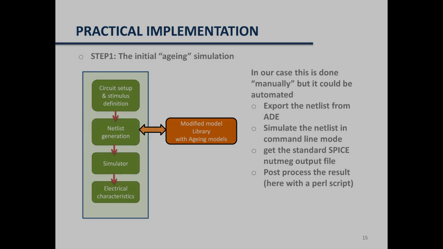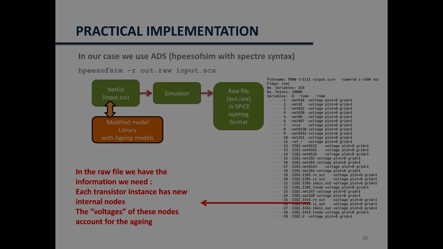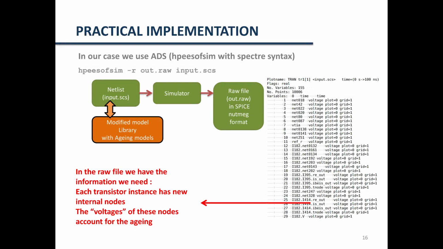And we post-process the results here with a Perl script. So let's go to slide 16. Just as a quick note, here we make reference to ADS. This is just because we have used HP SoftSim instead of Cadence Spectre. But it's a very similar principle. Here we use the Spectre syntax as much as we can, so that there are no difficulties doing this with another simulator.